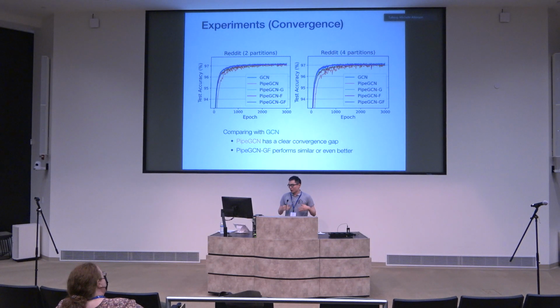But when we use the smoothing technique, that is, when we focus on PipeGCN-G or PipeGCN-F, their convergence curve is significantly better than the orange curve. And if we apply the proposed smoothing technique to both gradient and feature, we can see that the purple curve performs similar or even better than the original GCN.